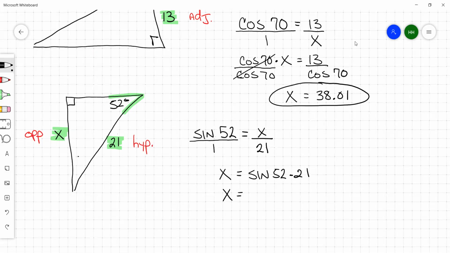So our x is equal to 52 sine times 21. 16.55. Got it?